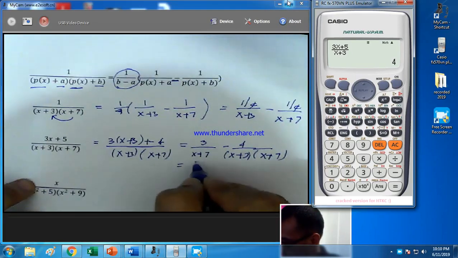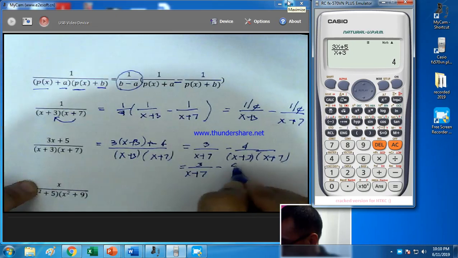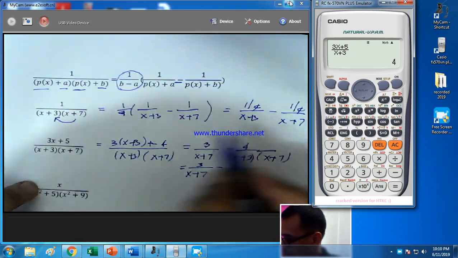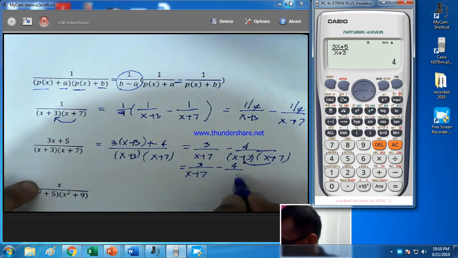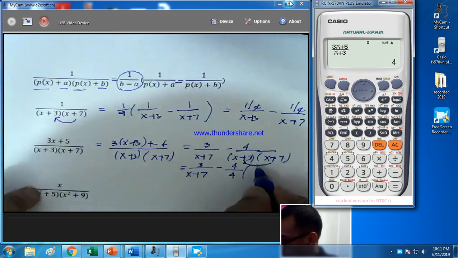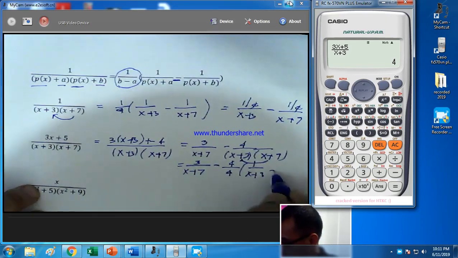and this can be written as 3 over x plus 7 minus 4 over, now we know this already, again subtract 7 and 3, so 7 minus 3 is 4, so 4 over 4, and then that is 1 over x plus 3 minus 1 over x plus 7.